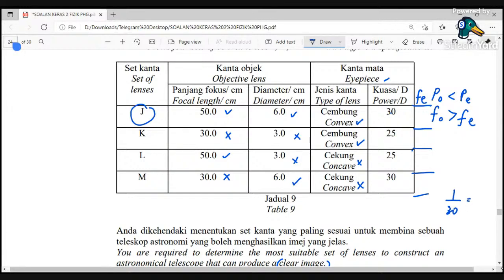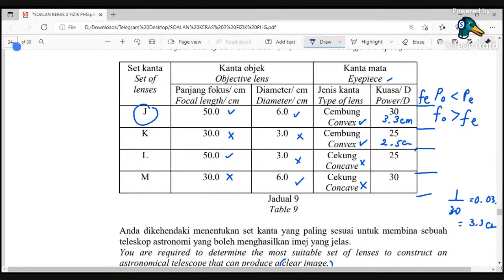So we get 0.033, which equals 3.3 cm. This is 3.3 cm. Okay, this one is 2.5 cm.